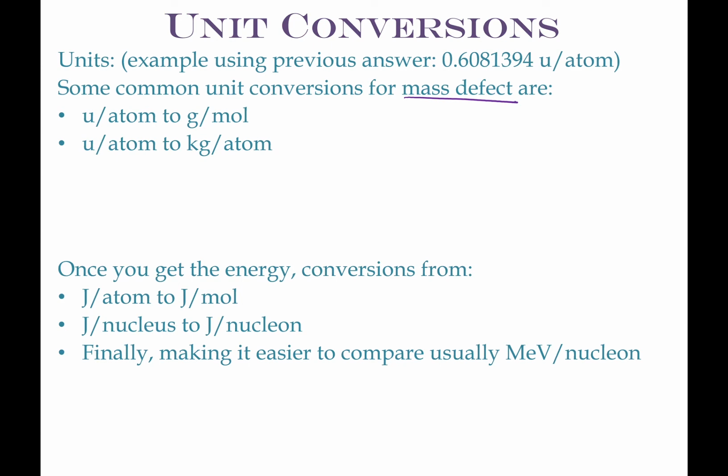Now, we're going to be starting with the previous example where we had U per atom. So we'll try this and we'll go to grams per mole. Well, let's start by writing down 0.6081394 U per 1 atom.